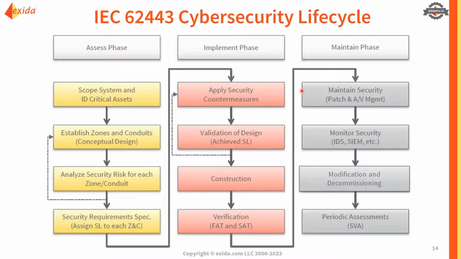Then we can look at the maintain phase of once the system's implemented or once our upgrade is completed, what is it going to take on an ongoing basis to maintain the security of that system? And so all three of those areas really need to be looked at and considered when implementing the program.